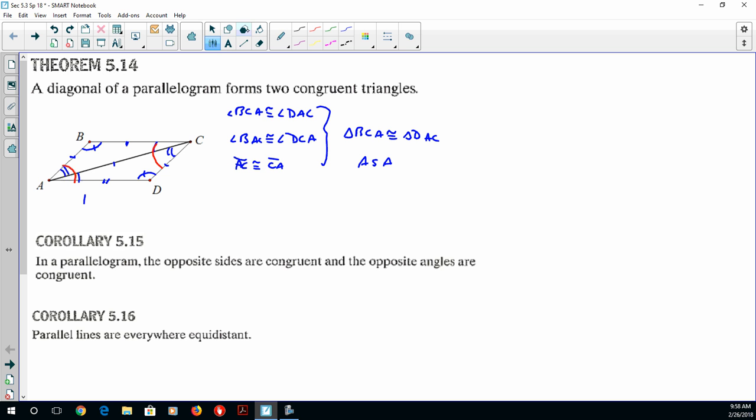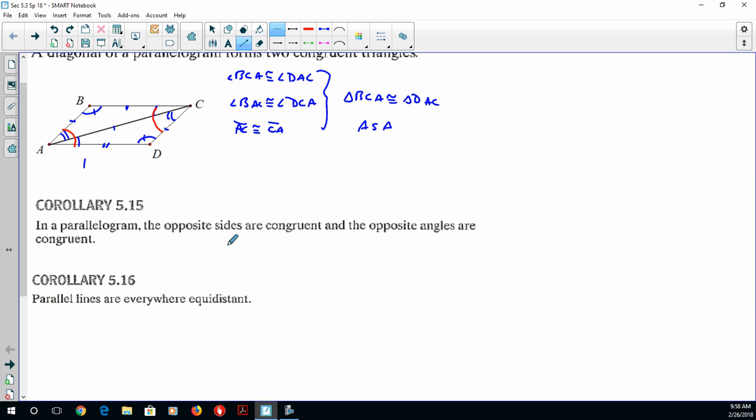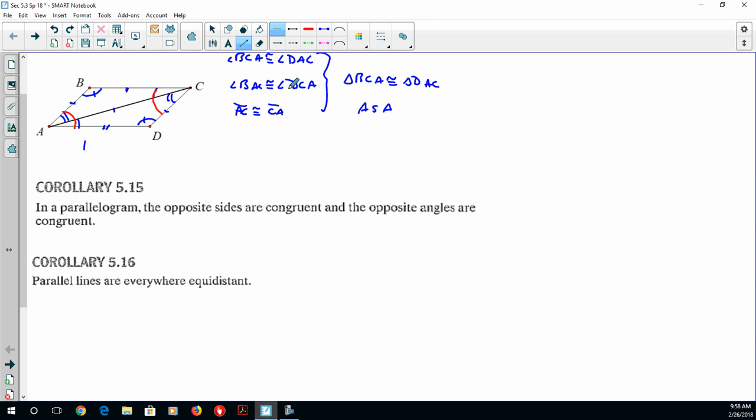Okay, now corollary 516: Parallel lines are everywhere equidistant. Okay, so let me draw a couple of parallel lines. Here's one and here's another. Now, when you're talking about distance between lines or distance from a point to a line, you're talking about perpendiculars.